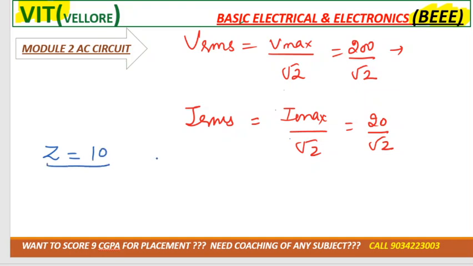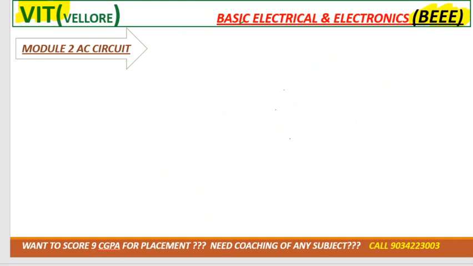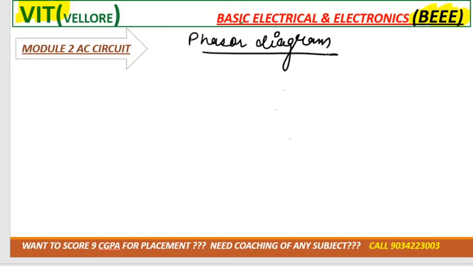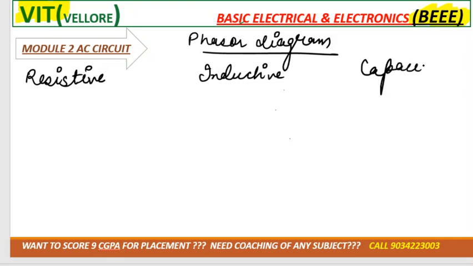Impedance is 10. But impedance can be R, can be RL, can be RC, can be RLC, right? So for this you must know about the phasor diagram. Basically, in the phasor diagram we'll have three kinds of load. One is resistive load, one is inductive load, one is capacitive load, correct?